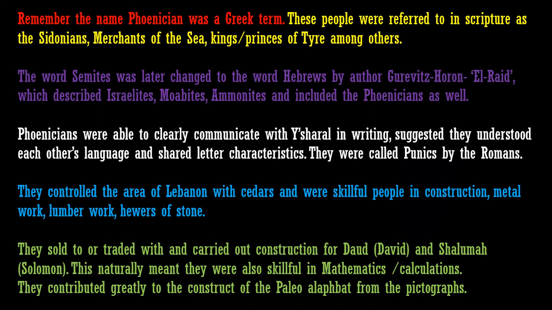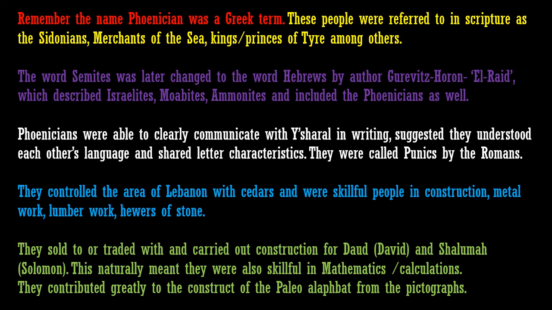And the Phoenicians, though it was not quite known what they called themselves, were actually a people from various countries or territories along the Mediterranean Sea.